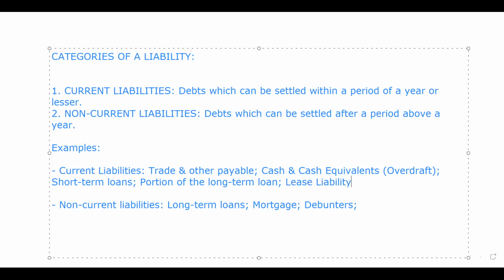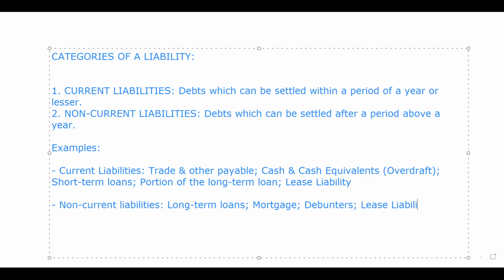So this lease liability, is it not a portion of the long-term loans? Does it not form part of that? The repayments part of it. But you see, there's a lease liability portion that is current, and there's also a lease liability portion that will be non-current.